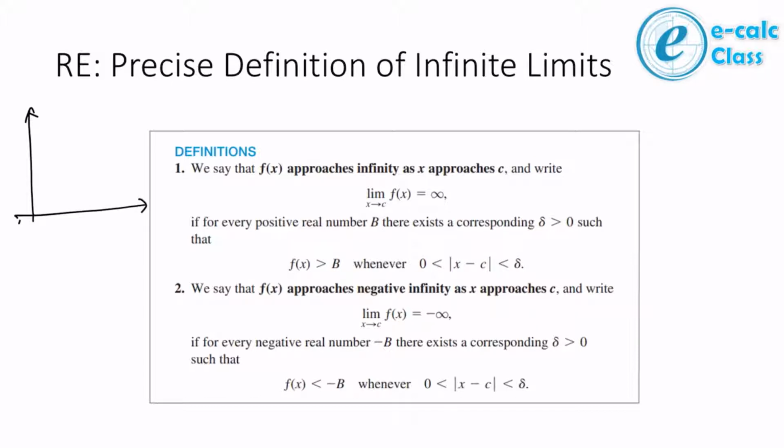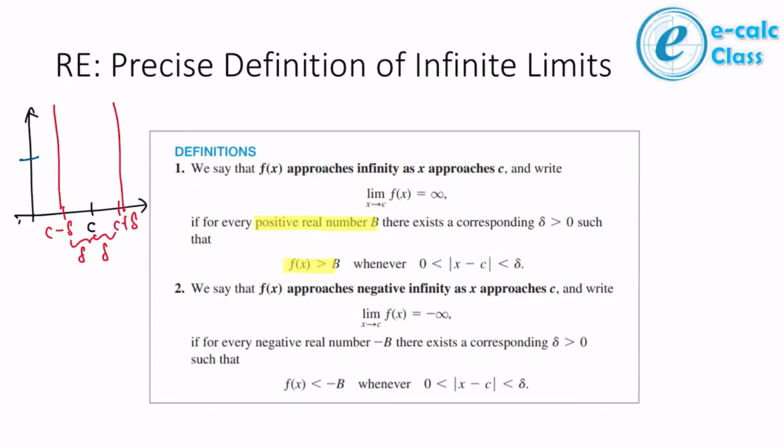If it is from two sides, c is here, c plus delta, c minus delta, from here to here is delta, from here to here is also delta. When your x is within this range, then what happens to your y? There exists a positive real number b, for which your f(x) is greater than b.